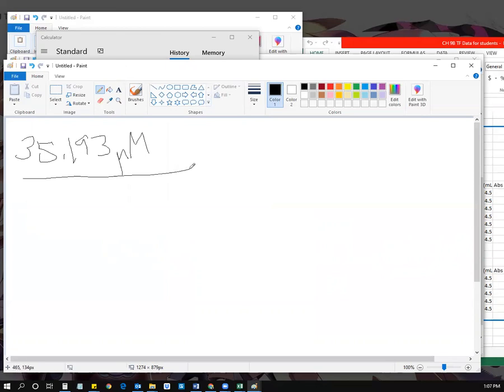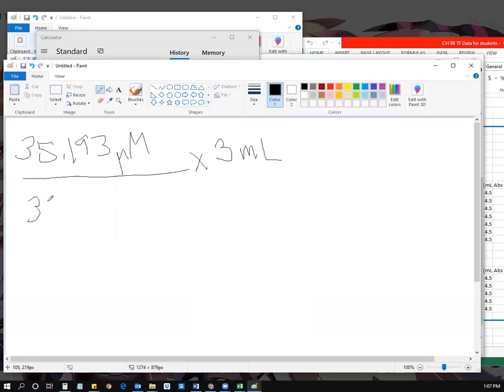So if we know what our concentration of sulfhydryl groups is, and we also know what our DTNB volume is, we can actually figure out how many nanomoles of sulfhydryl groups there were in this DTNB reaction. So we have to do a little bit of conversion here. 35.193 micromolars.